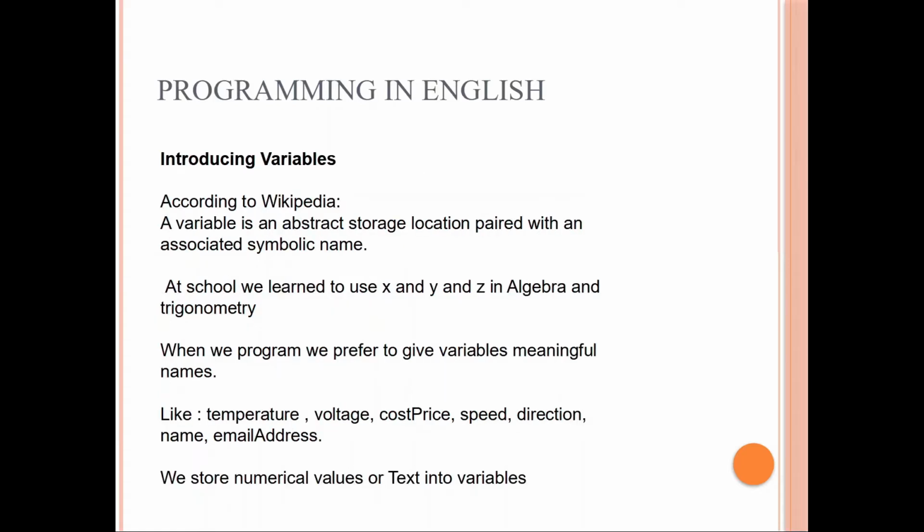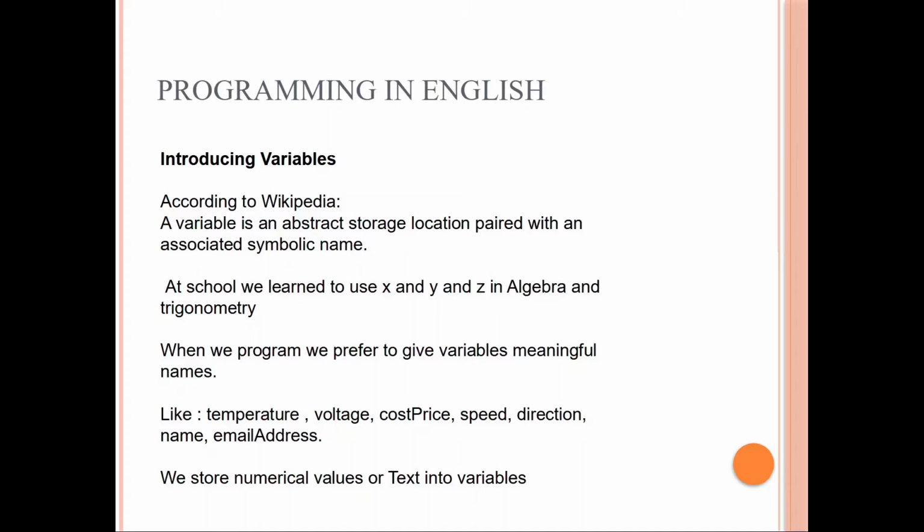Now, every language has variables. According to Wikipedia, a variable is an abstract storage location paired with an associated symbolic name. At school, we used X, Y, and Z in algebra and in trigonometry. However, when we write code, we prefer to give variables meaningful names.